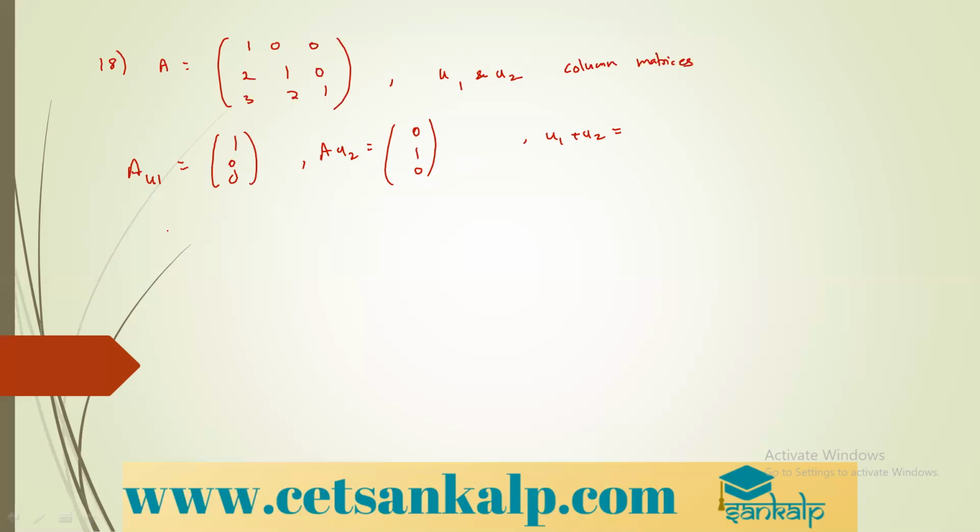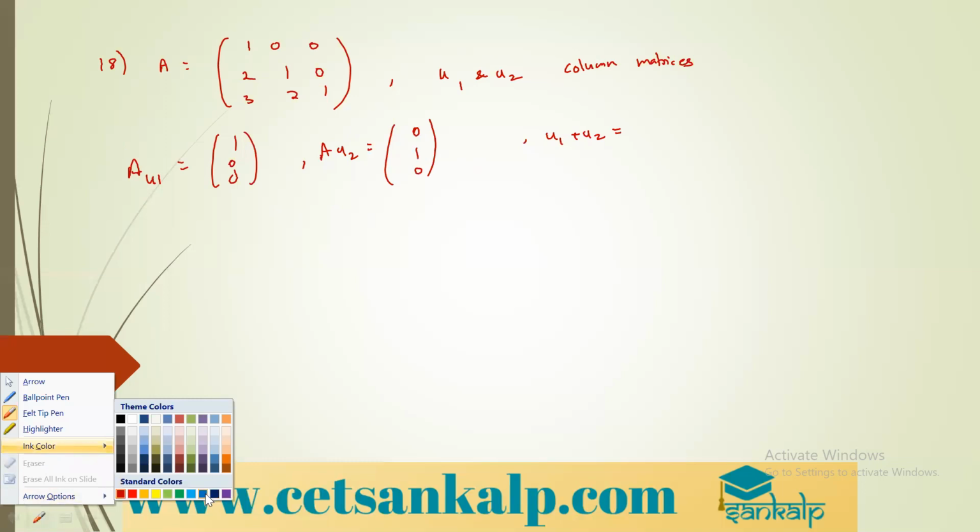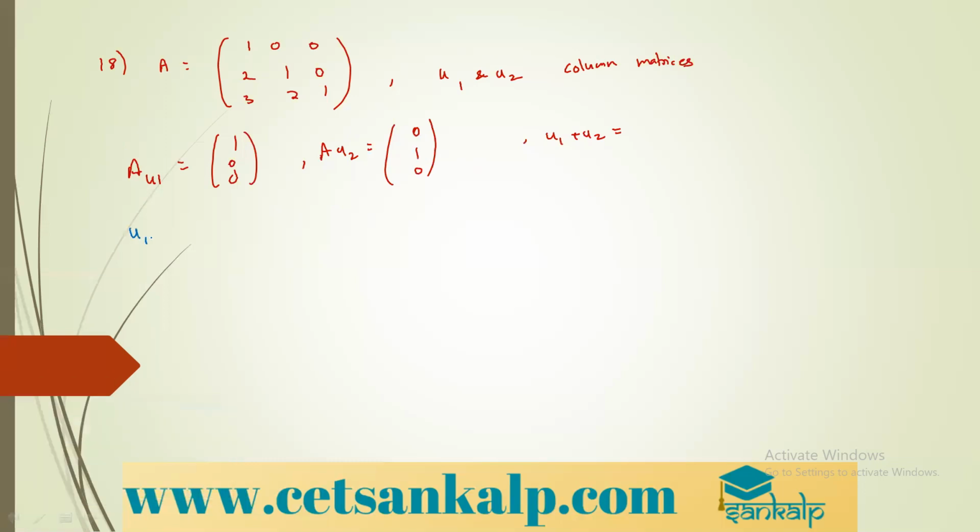Okay, because U1 and U2 are both column matrices, it is obvious that U1 plus U2 will also be a column matrix, and let it be XYZ. So our work is to find XYZ. Now AU1 plus AU2 will be equal to, taking A common, A into U1 plus U2. So AU1 is 1, 0, 0.